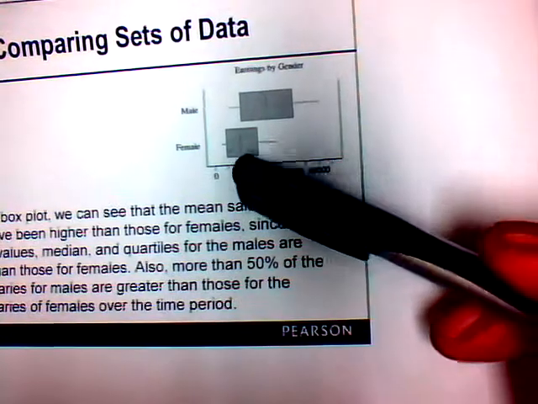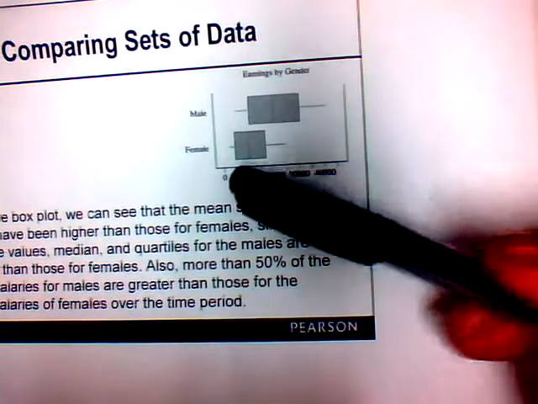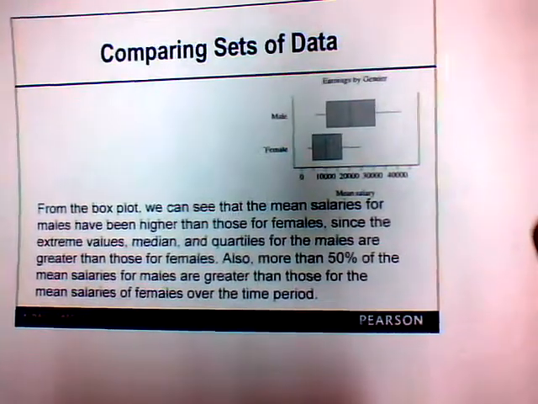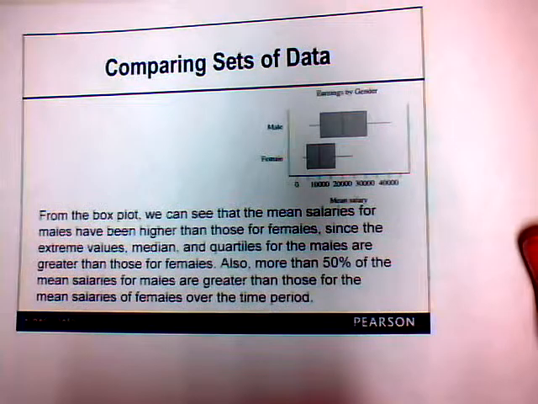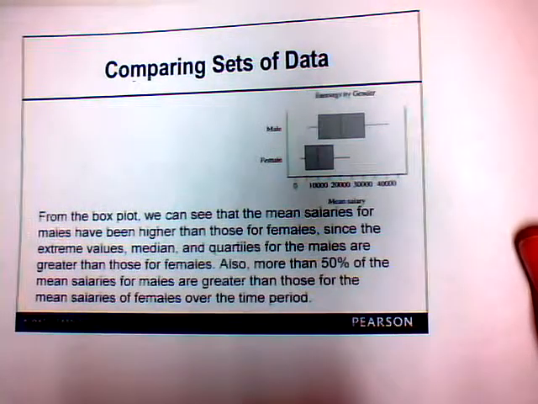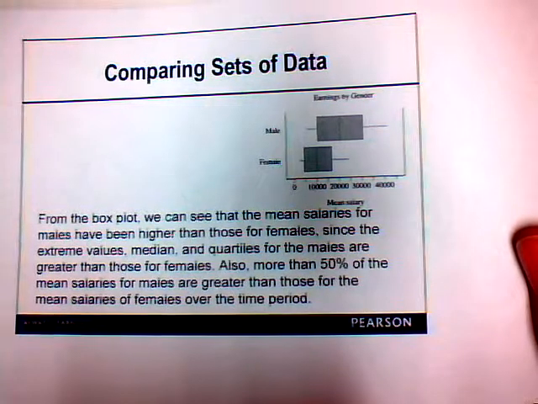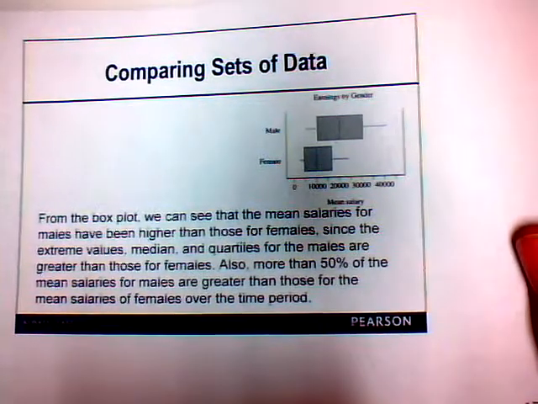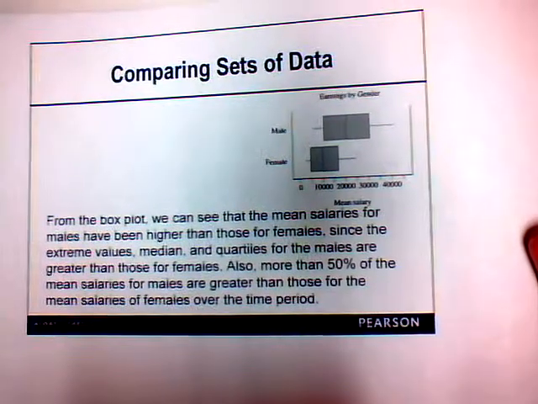Here you can see the one for male and this one for females. You can see those mean salaries are pretty much higher, since the extreme values, median, and quartiles for males are greater than those for females. Also, more than 50% of the mean salaries for males are greater than those for the mean salaries of females over the time period.